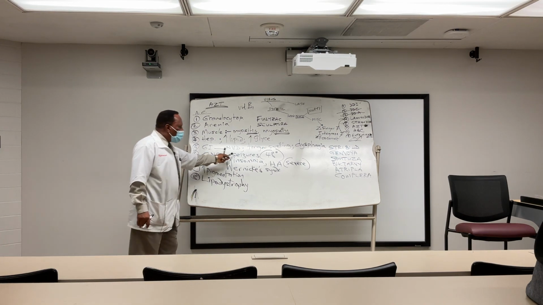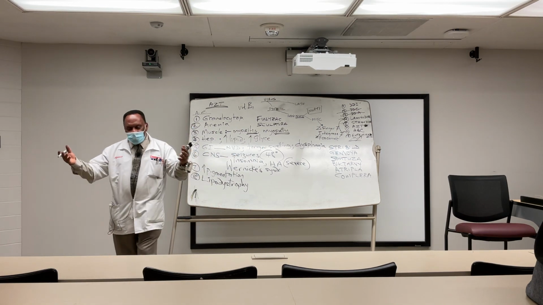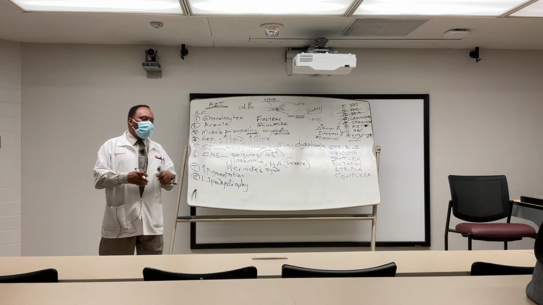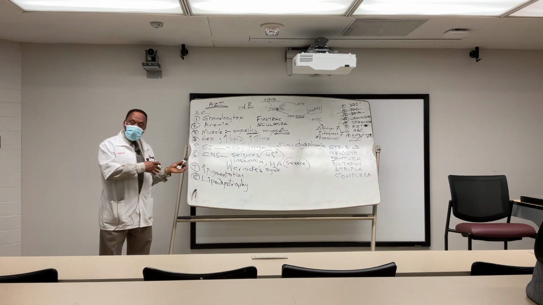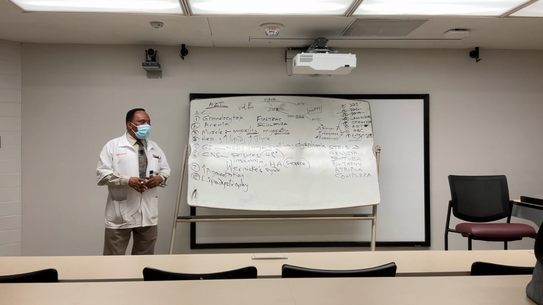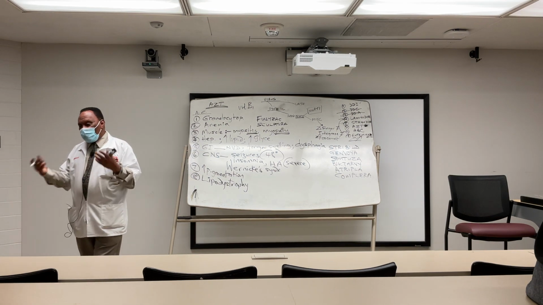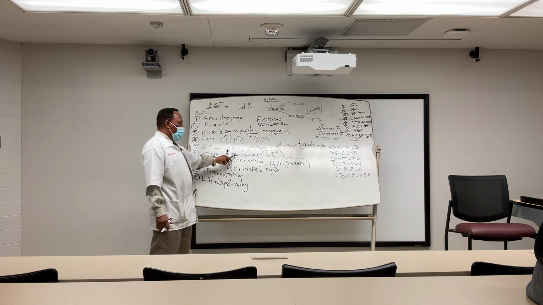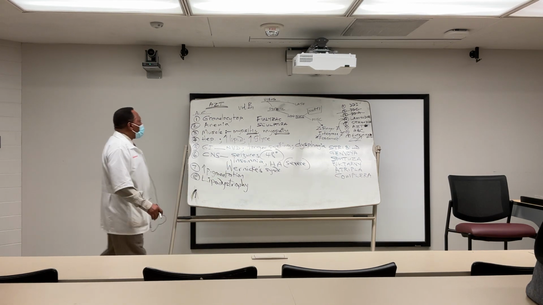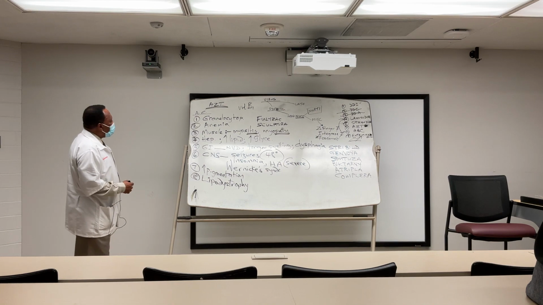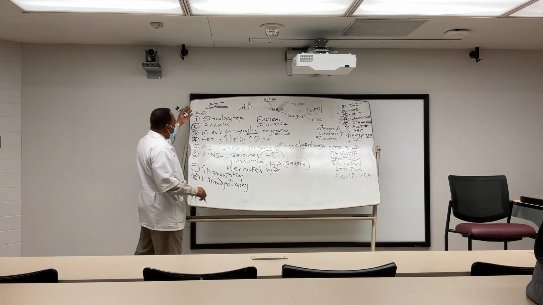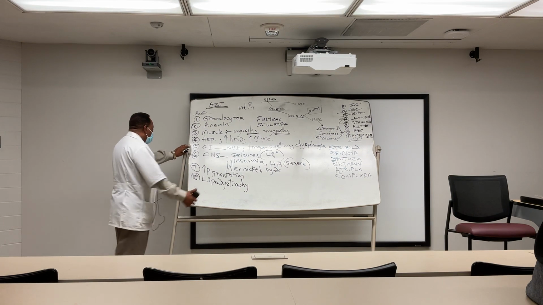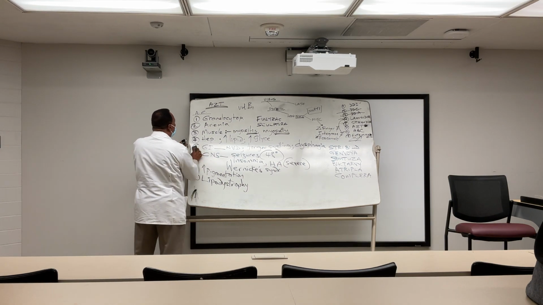And then for the seizures, you use your regular drugs like gabapentin, for instance, and sometimes they use Lyrica to manage that. Vampart is another drug that you can use to manage the seizures that are associated with AZT administration. Okay.